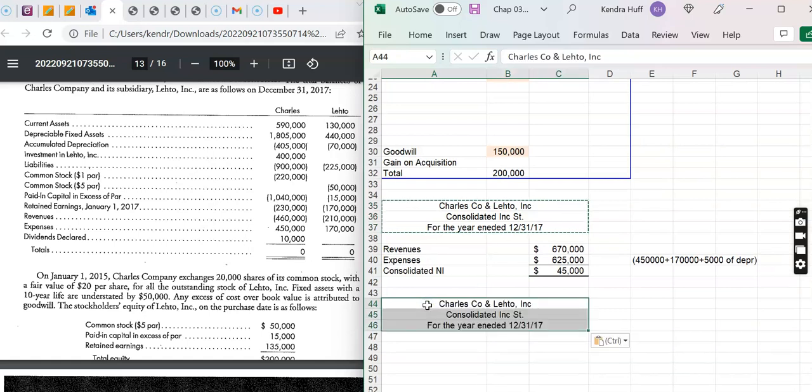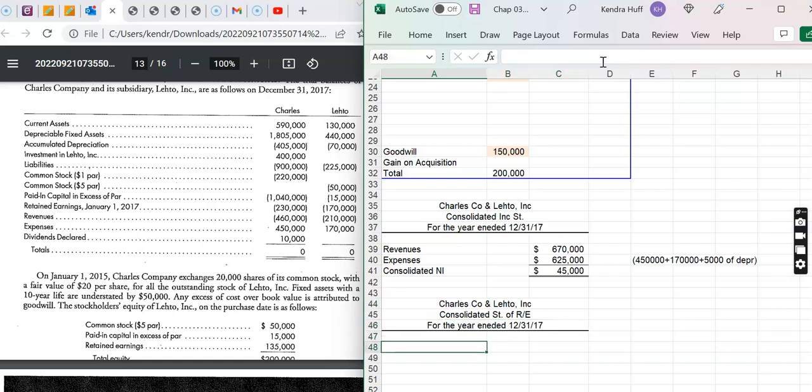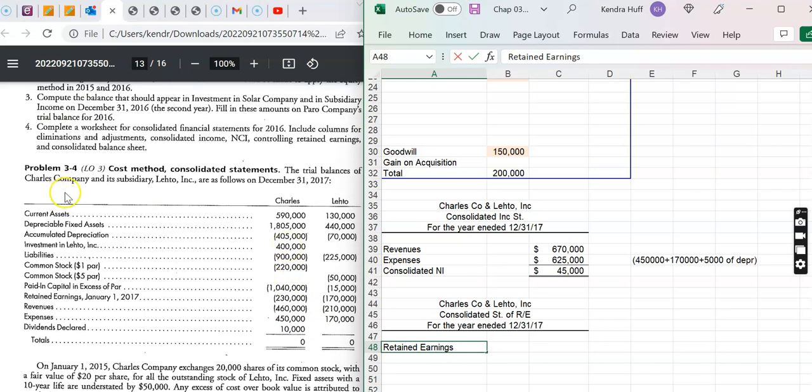Just gonna keep going down, I guess. All right, this is the consolidated statement of retained earnings. All right, we know it all, so we don't have to worry about ours. However, we use the cost method to account for the investment.